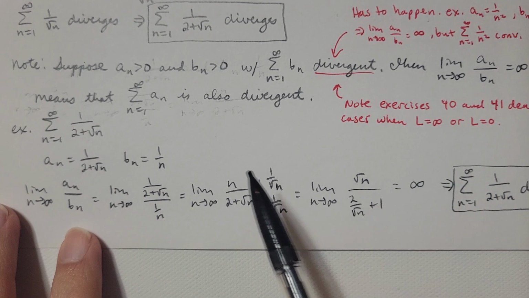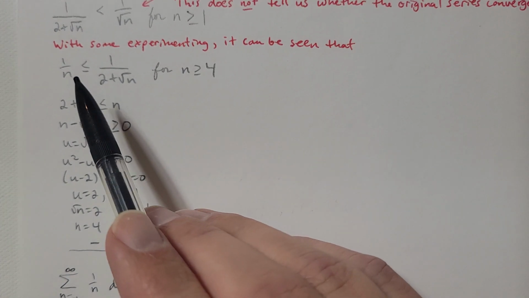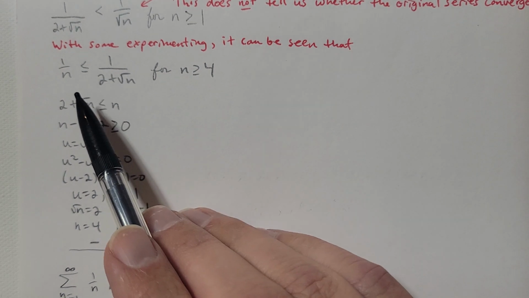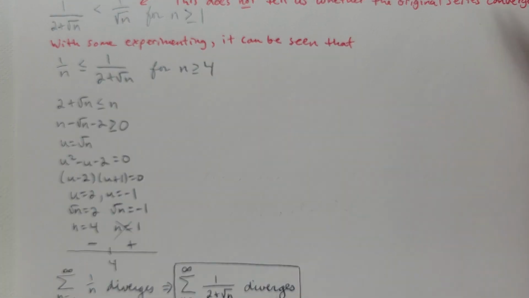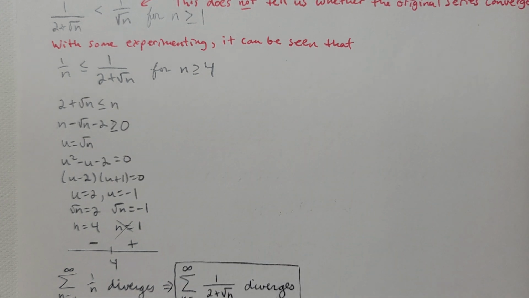Okay. So let's check it out here. I was using 1 over n, and if you're wondering where that's coming from, I was using some creativity, and again I'm selecting a series that's either a p series or a geometric series.